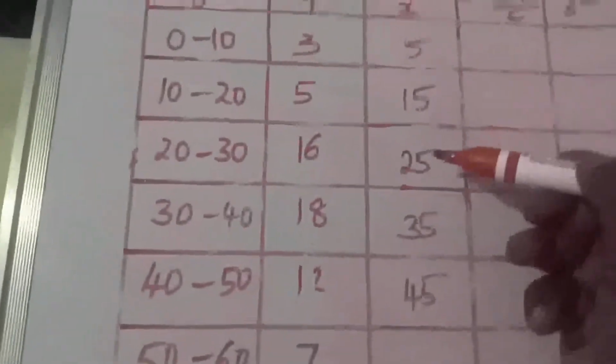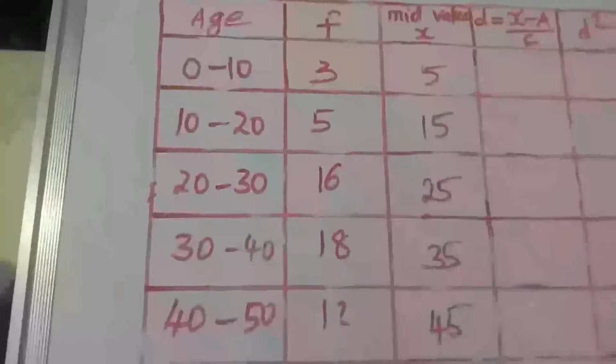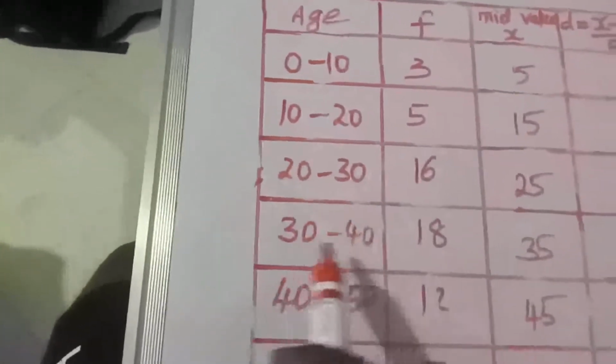Either you can calculate in this manner or use this shortcut method, so you can rapidly increase it by 10. The first value alone you have to find out, because here the class interval is 10 in unit.